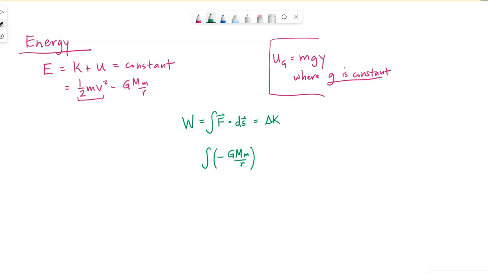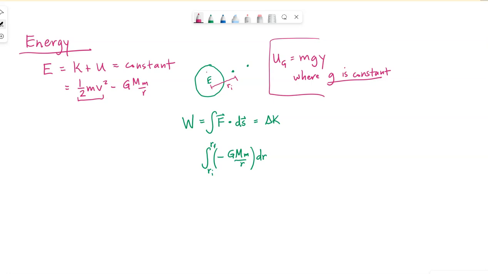As long as we integrate between two locations, some initial r value and some final r value, then we are integrating along this radial line. So for example, if we're talking Earth and we're talking a satellite here versus out here, the force of gravity changes on the satellite based on the distance.